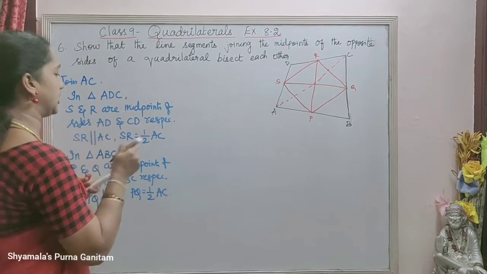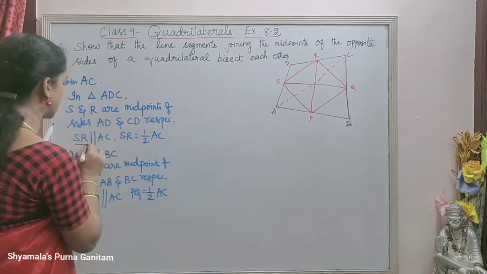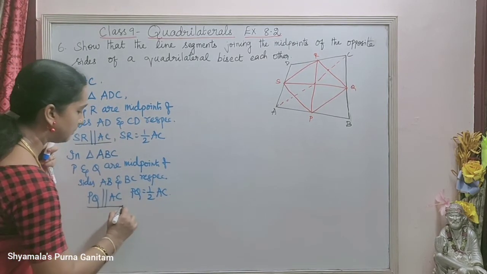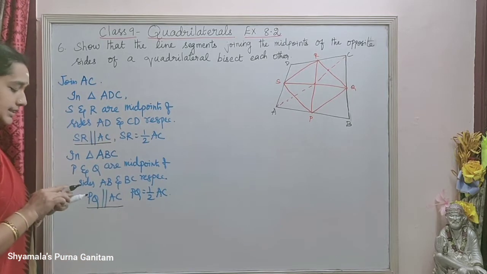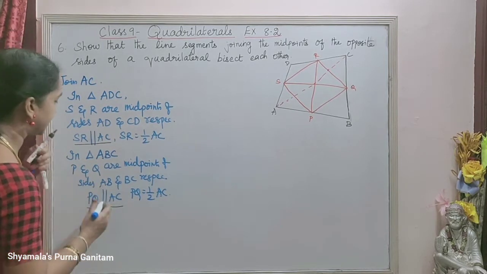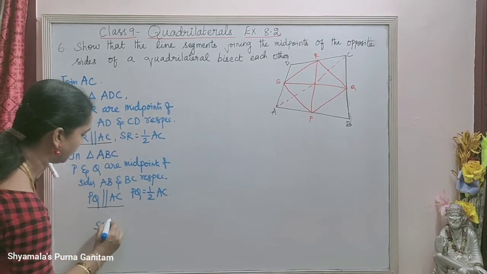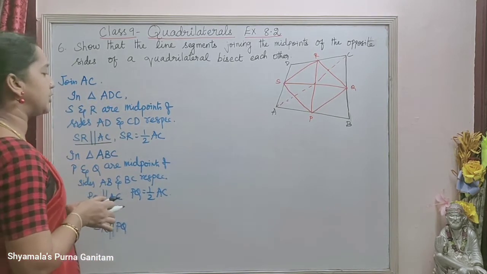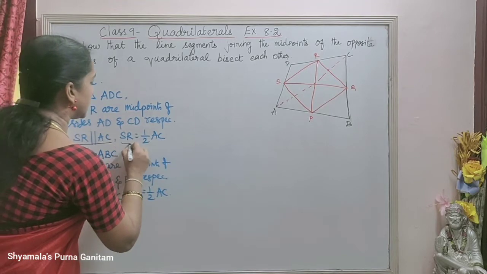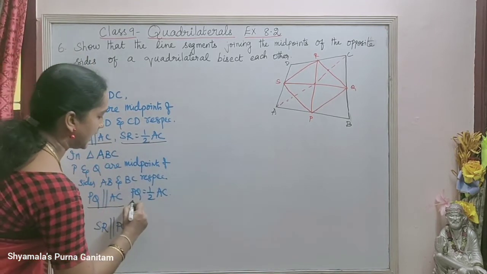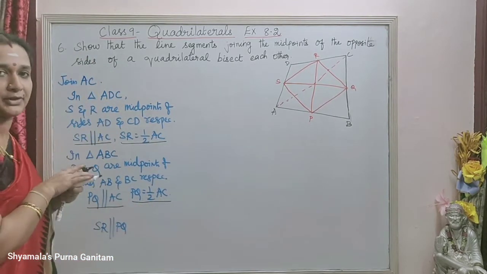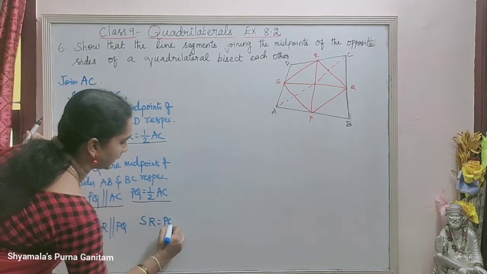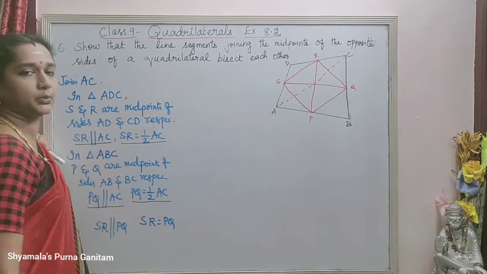From these two results, SR is parallel to AC and PQ is parallel to AC, so SR is parallel to PQ. In the same way, SR is equal to half of AC and PQ is equal to half of AC, so SR is equal to PQ.